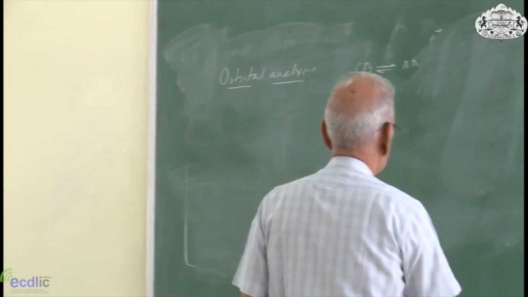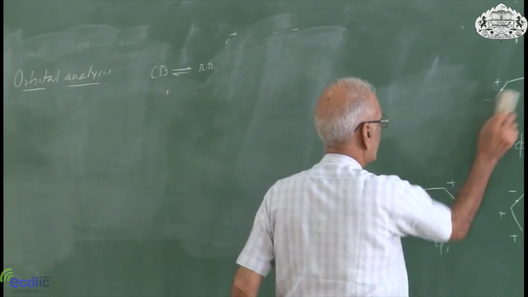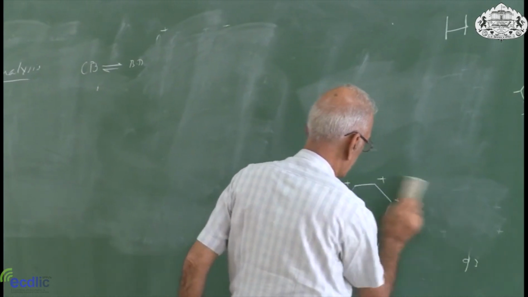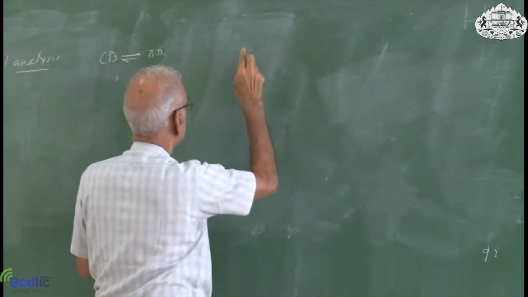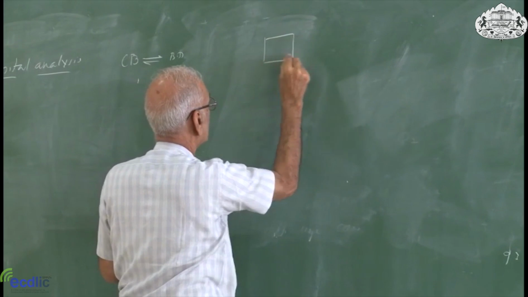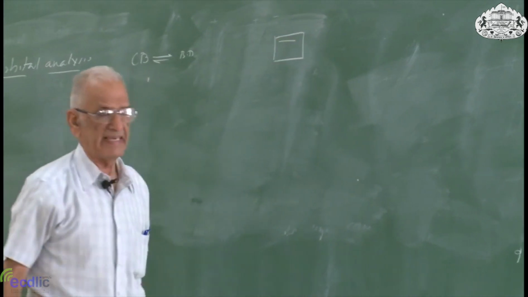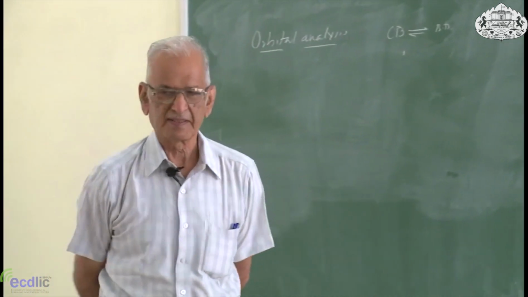Okay. So, when I do this, which are the reacting orbitals of cyclobutene?